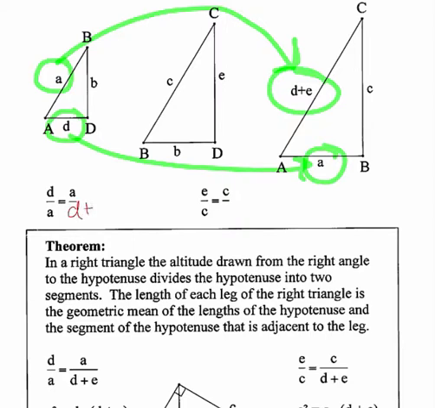plus E. So you've got to be careful here, because D plus E was representing the entire hypotenuse, those two pieces added together. Well, I have a similar relationship when I look at the medium triangle.